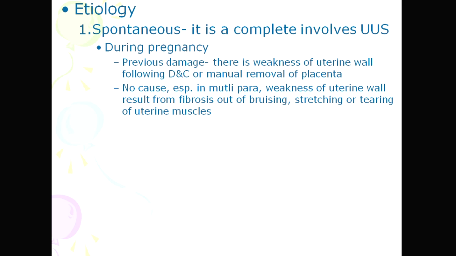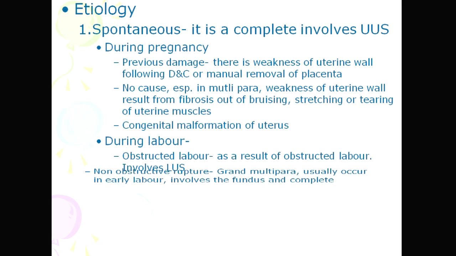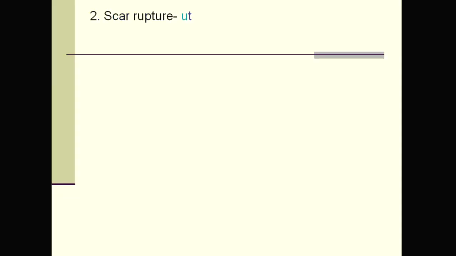Weakness of the uterine wall results from fibrosis, bruising, stretching or tearing of uterine muscles, or congenital malformation of the uterus. During labor it may be because of obstructed labor, involving the lower uterine segment. Non-obstetrical, in case of grand multipara, usually occurs early in labor, involves the fundus and it may be complete.